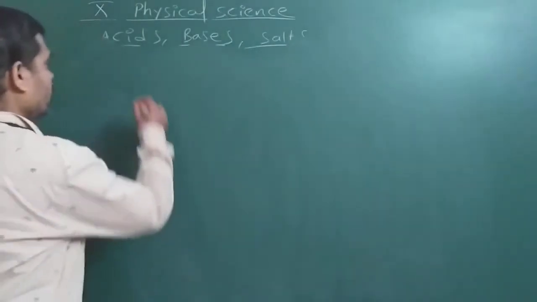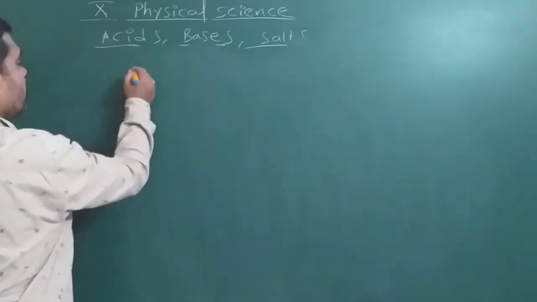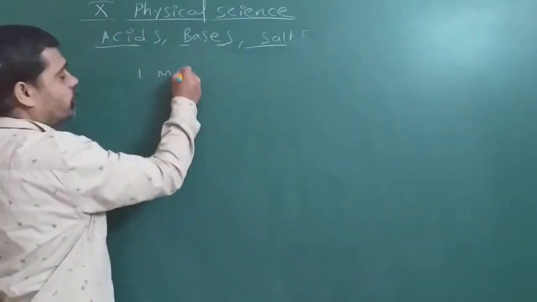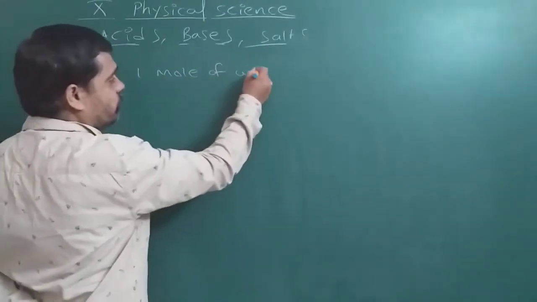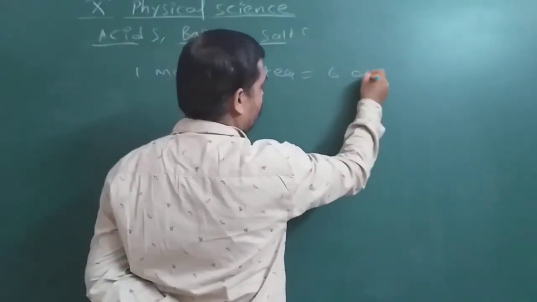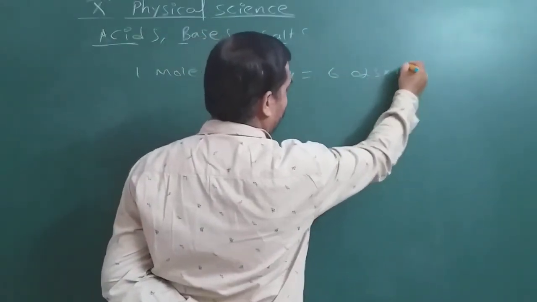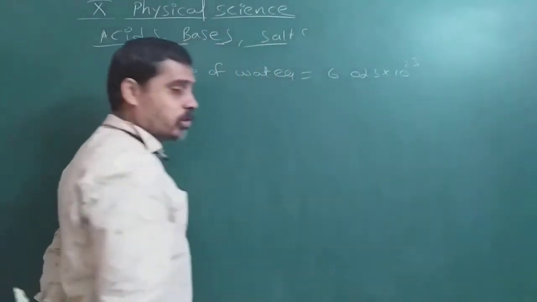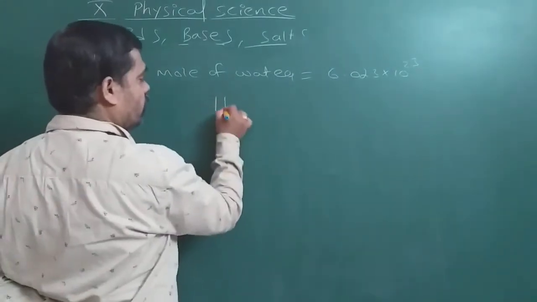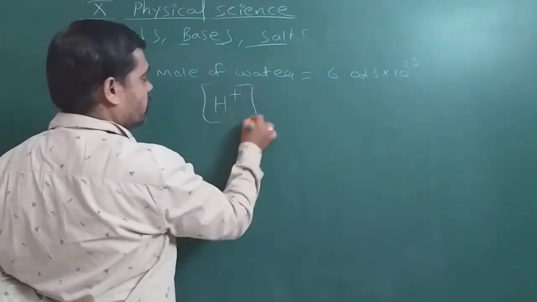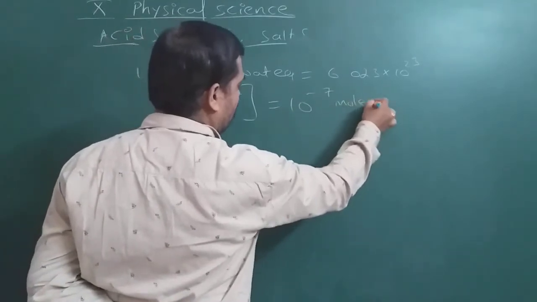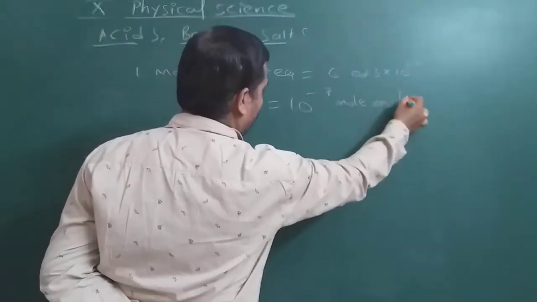First of all, 1 mole of water means it consists of 6.023 into 10 power 23 molecules. In that 1 mole of water, the H plus ion concentration is 10 power minus 7 mole ions per liter.